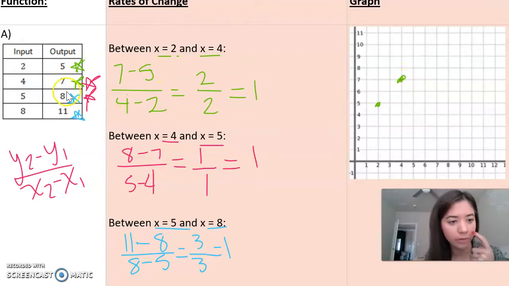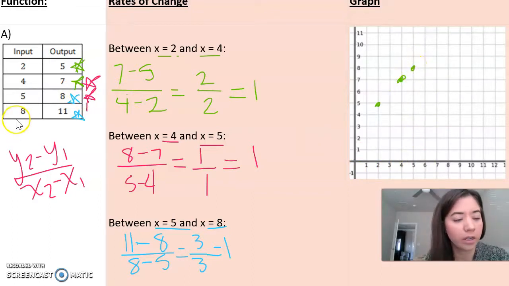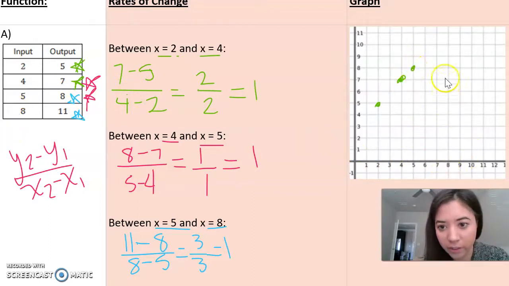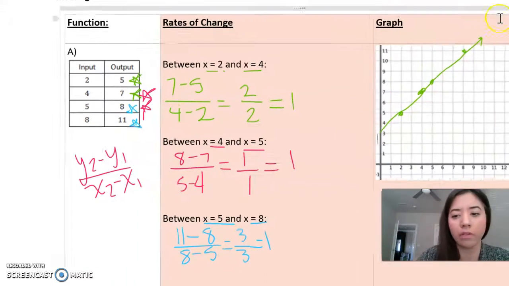Right here. 5, 8. And then 8, 11. Alright, and then connect it with a line. Go ahead now and graph the next one.